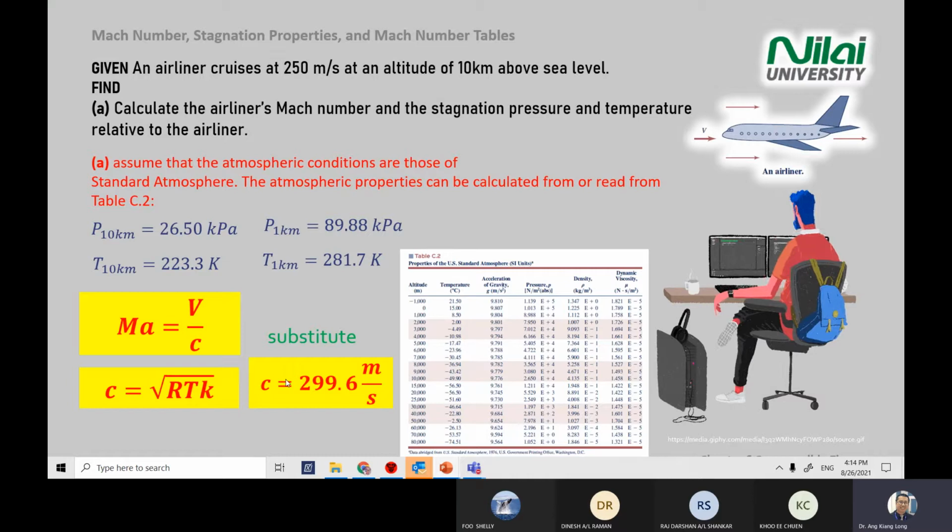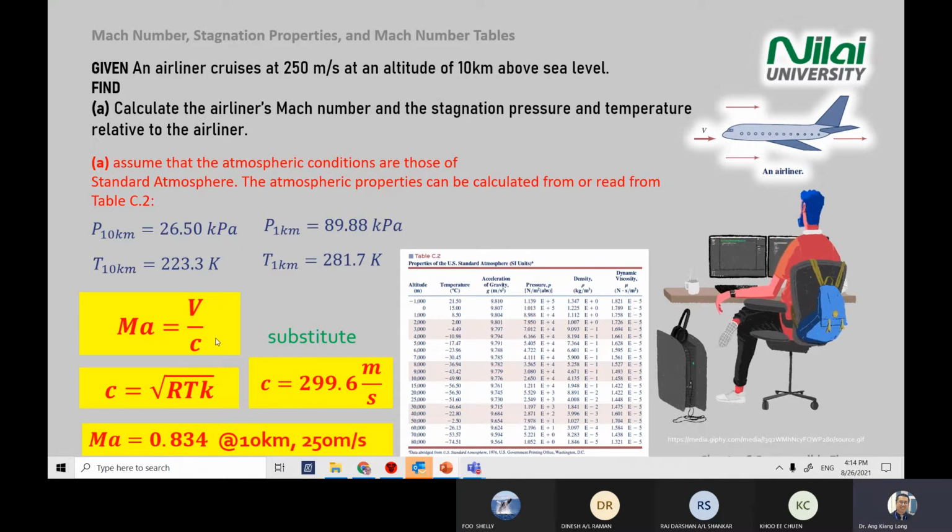And during final exam, if can, give the answer in 3 decimal place. Okay, if can. All right. So you substitute value, velocity is given, velocity is 250 meter per second, divided by 299.6, you get 0.8. Okay, you get 0.8 Mach number.